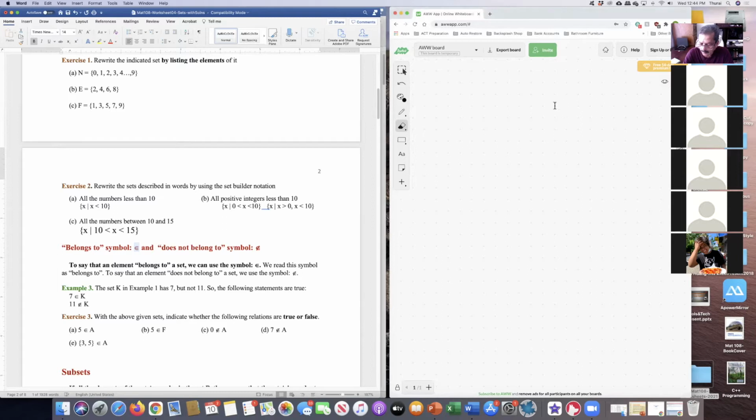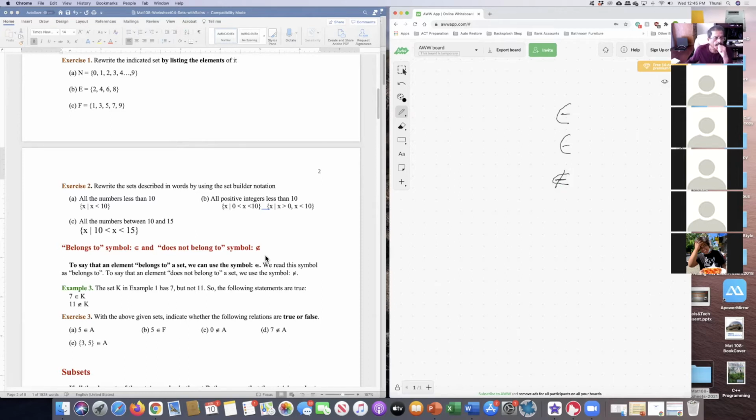It's like a C with a line in the middle, actually a little bit more curved C. This symbol means belongs to. So if I want to say a number belongs to a set, I can use this. Whenever I want to say something doesn't belong to a set, we cross this out. The same symbol crossed out means does not belong to.